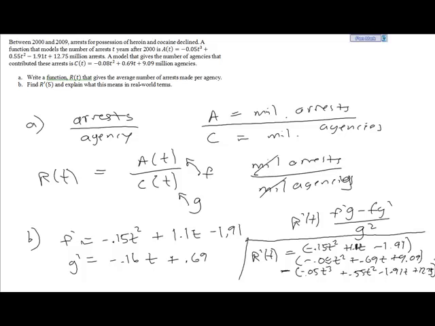Now we just need to multiply that by g prime, the derivative of our denominator, which is negative 0.16 t plus 0.69. Maybe it wasn't a good idea to write this all on one page.